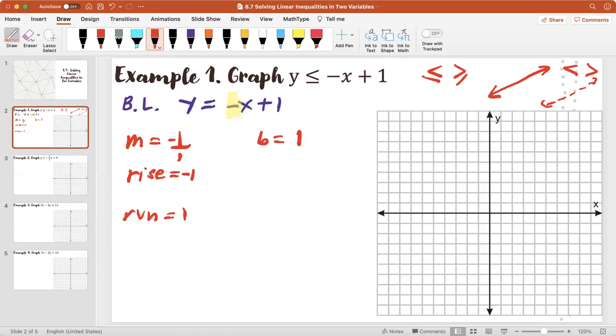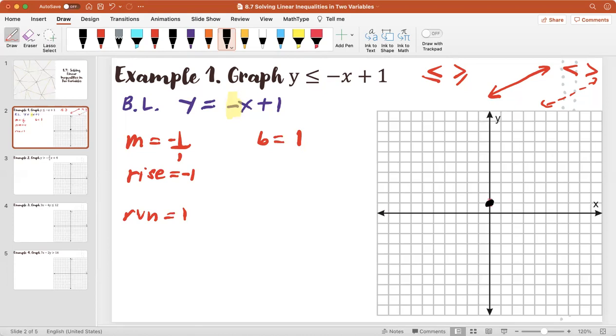So let us plot or locate your y-intercept. The y-intercept is 1. So where is that? One unit above the point of origin. There you go, this is our y-intercept. Let's now do the rise. Negative 1, going down.